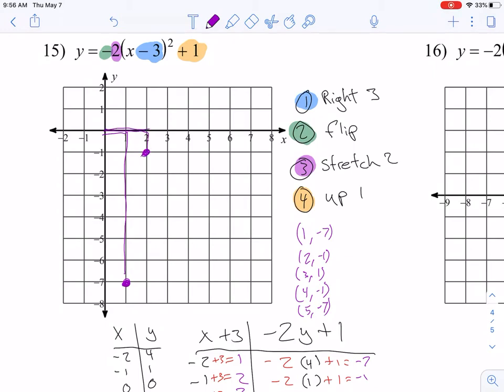I can go 3, positive 1 and put a point here. I can go 4, negative 1 and put a point here. And I can go 5, negative 7 and put my point there. And then I just draw in my parabola.